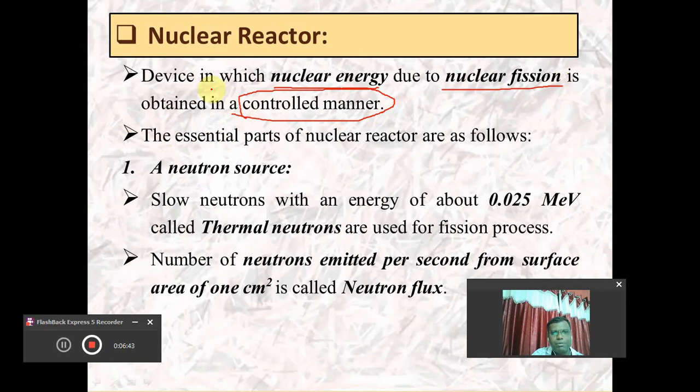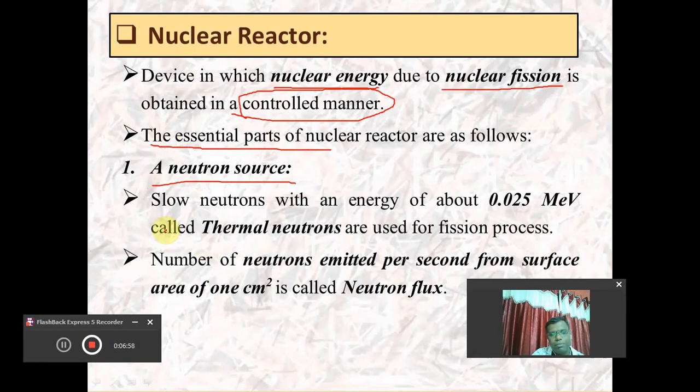That's why we have to carry out this nuclear fission in the nuclear reactor in a controlled manner, and that's why it requires some essential parts. The first part or component of the nuclear reactor is called the neutron source.